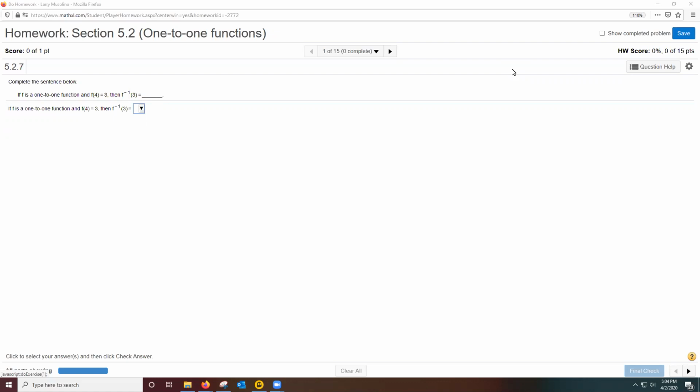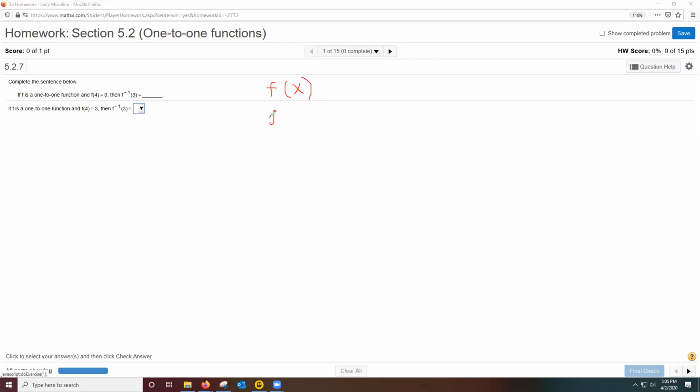And in this first question, it says, if f is a one-to-one function and f of 4 equals 3, then f inverse of 3 equals blank. Well, first I want to make a comment here about notation. You might remember that we write f of x to mean some function evaluated at some x value.